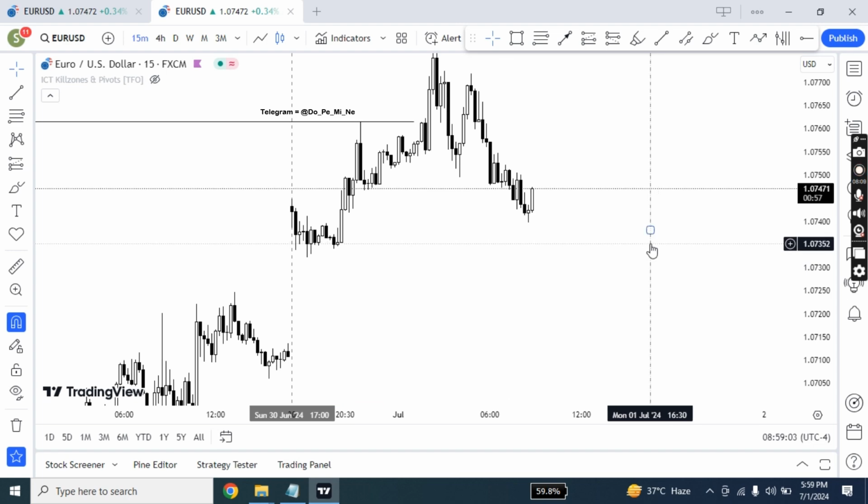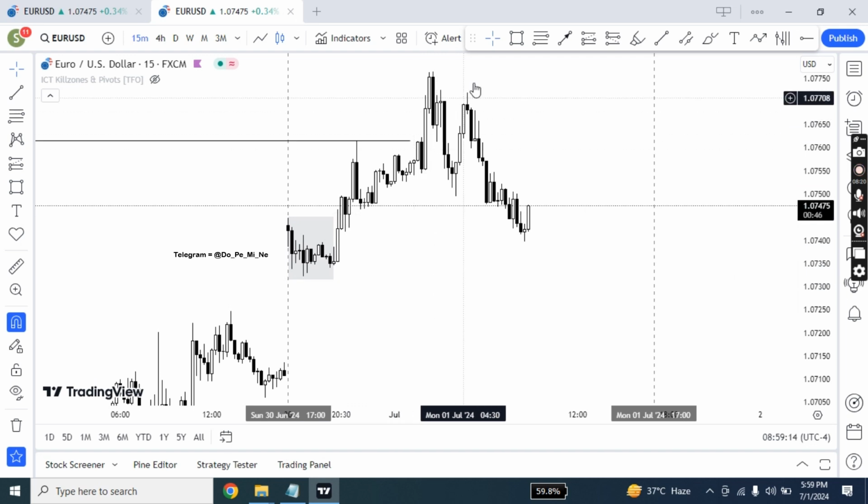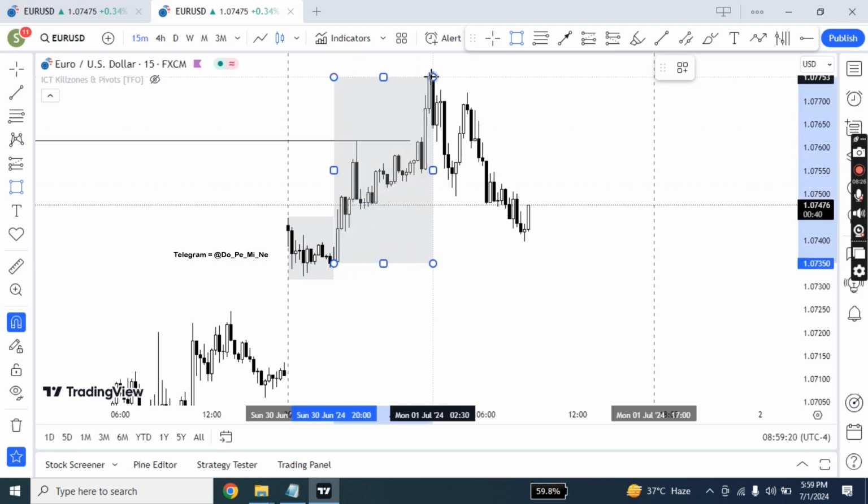Based on the same logic as I said before in the first chapter, price straight away goes into a ranging profile. And then after the ranging profile, it has one possible outcome, which is an expansion or a manipulation. In this case we had an expansion.